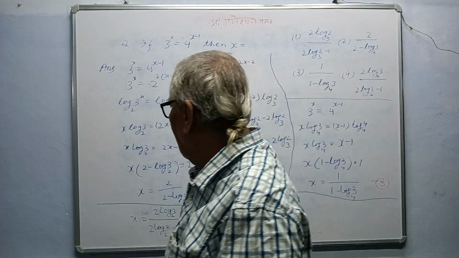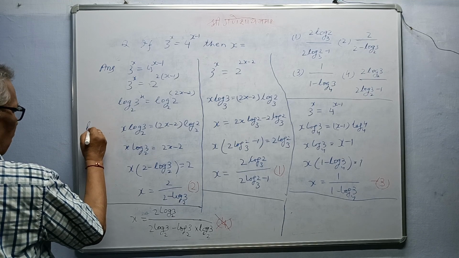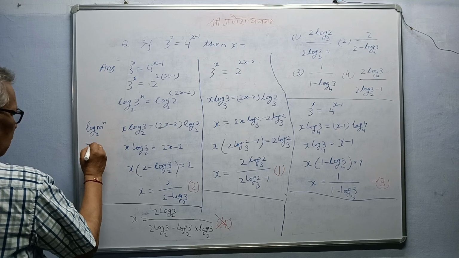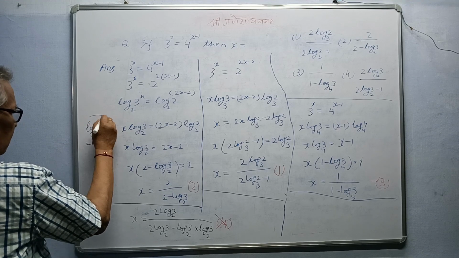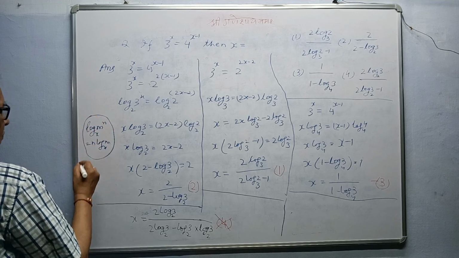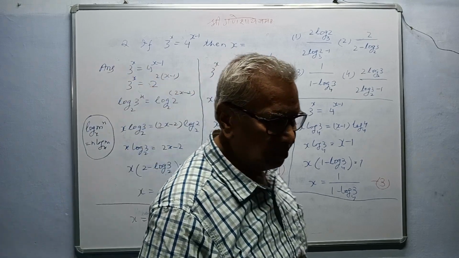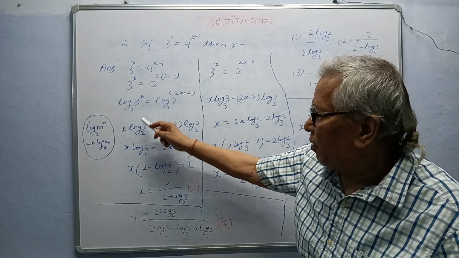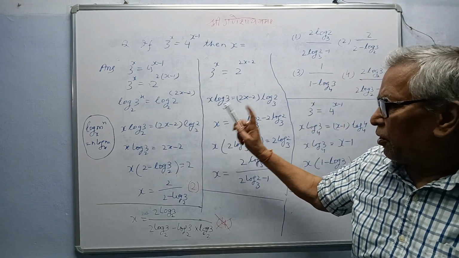So this is x log 3 to the base 2 equals 2x minus 2 log 2 to the base 2. The formula is log m to the power n base x is equal to n log m to the base x. Log 2 to the base 2 is equal to 1.